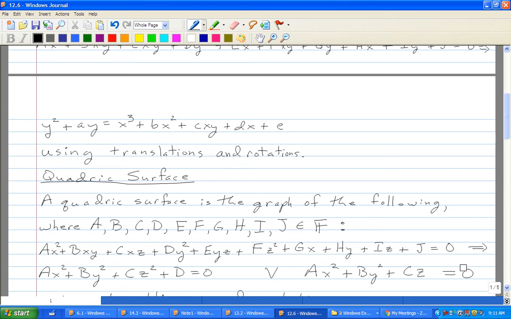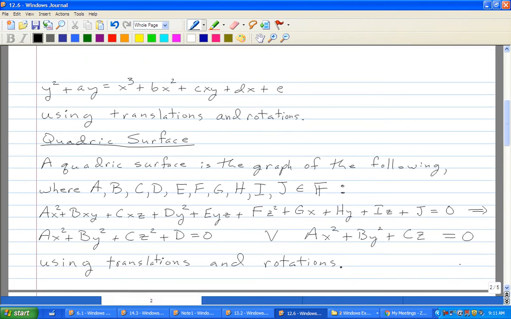We can simplify this so it's of one of two forms, by using translations and reflections and rotations. X squared plus by squared plus cz squared plus d equals 0, or x squared plus by squared plus cz equals 0.